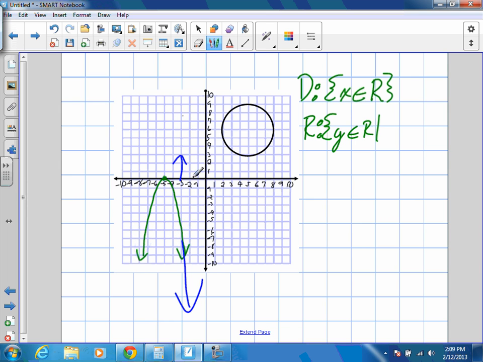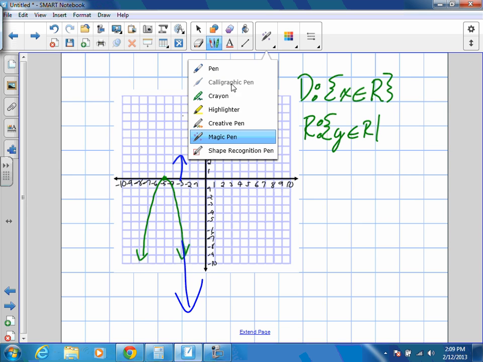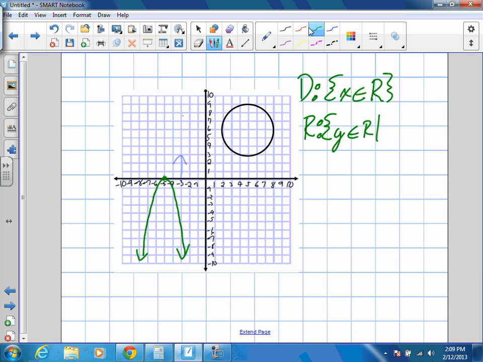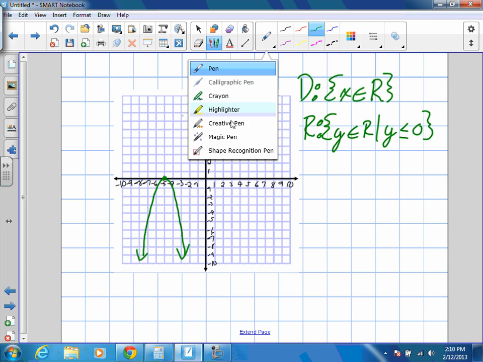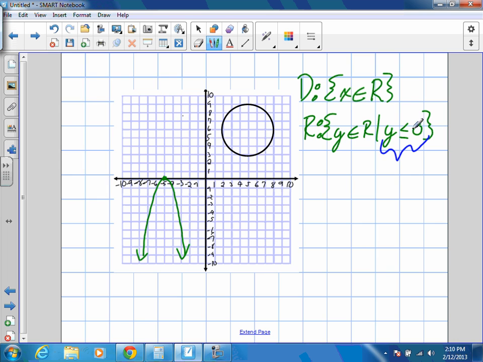So we have to remember our greater than and less than signs. And what we're going to write is y is less than or equal to 0. That is our restriction. It only exists below 0 on the y-axis.